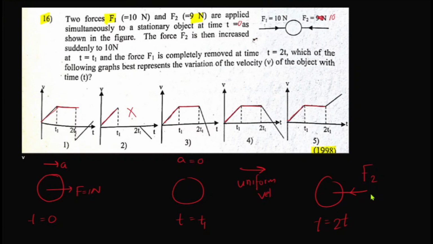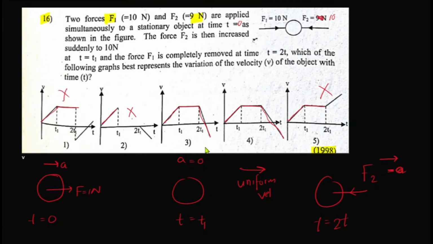Now if you apply a force in the opposite direction to the motion, it will go forward with a deceleration. It's not going to suddenly change its direction due to the application of F2 in the opposite direction. It should first decelerate and come to 0, and only thereafter can it change its direction. So this is possible, and this is incorrect.